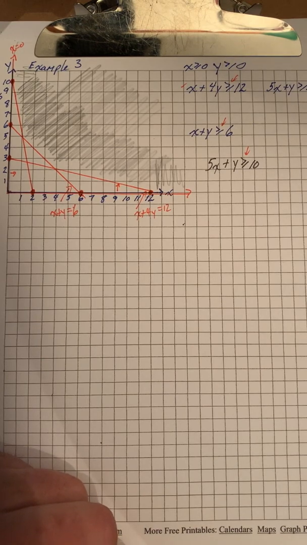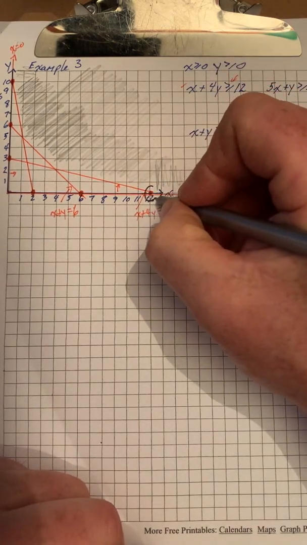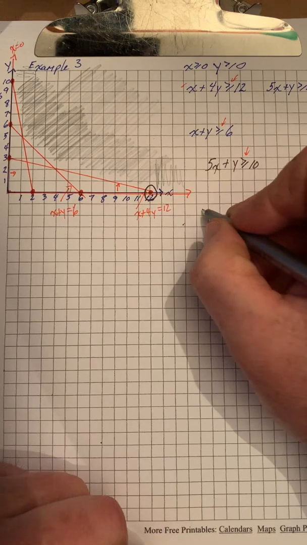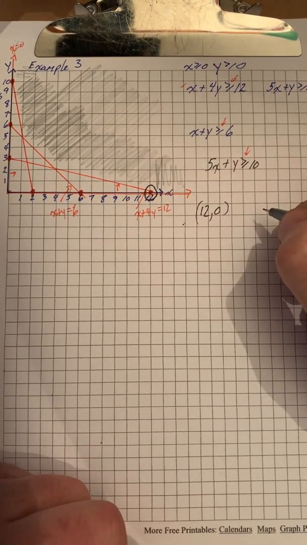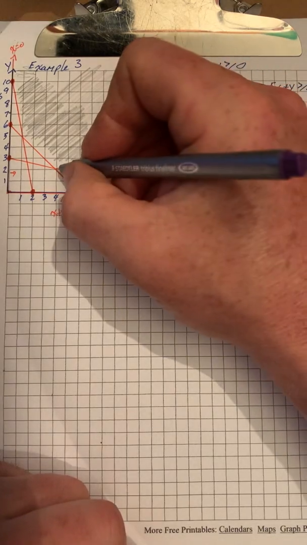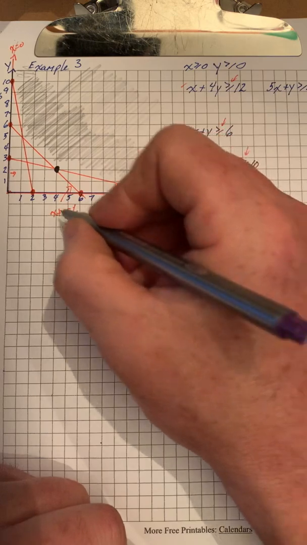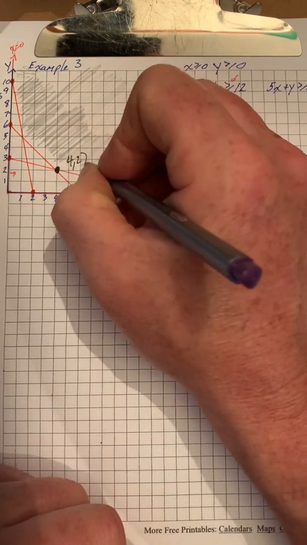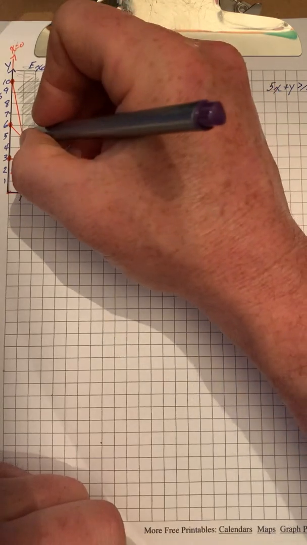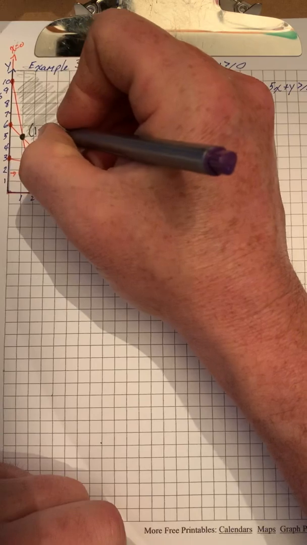Now my vertices are going to be here. So that's 12 and 0. And then I have a vertex here, 4 and 2. And then here, 1 and 5.